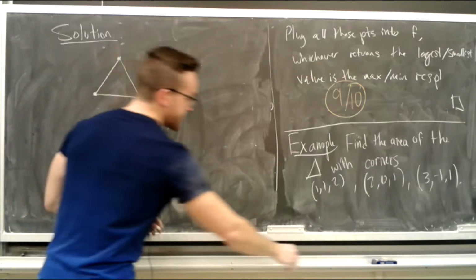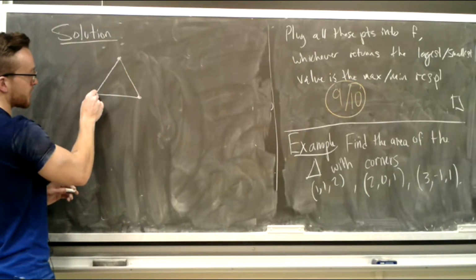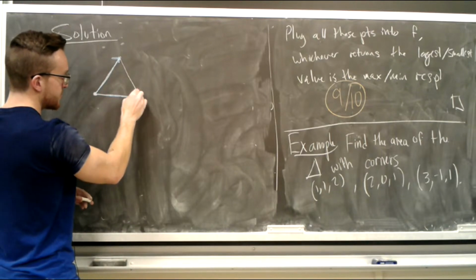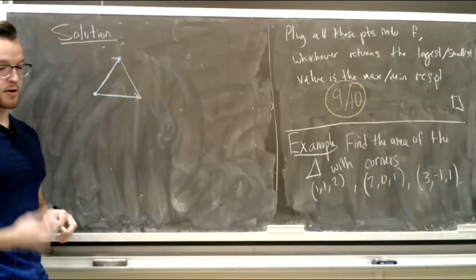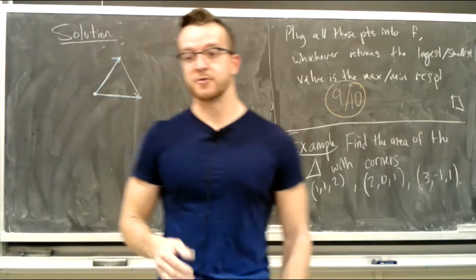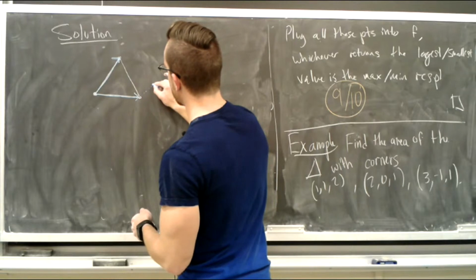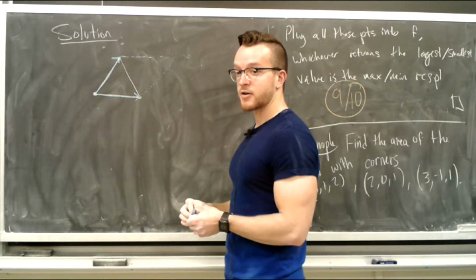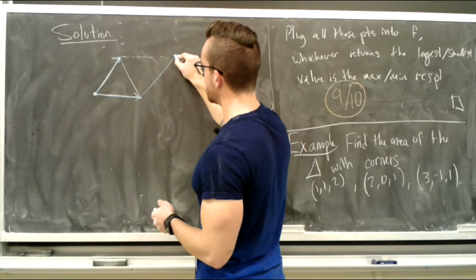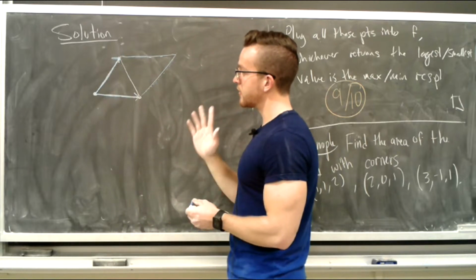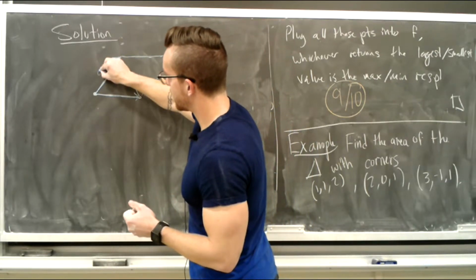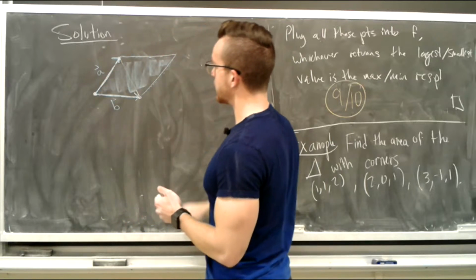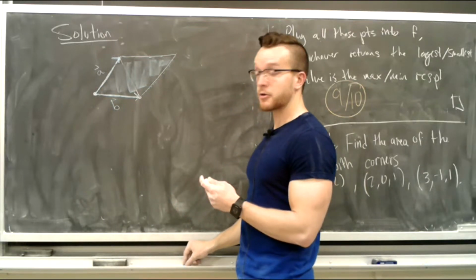The game plan is to use the cross product, and in particular, I could construct 2 vectors which generate 2 of the edges. And then I think about what the cross product of those 2 vectors tells me. The cross product is a vector, but the length of the cross product of, say, A and B gives you the area of that parallelogram.